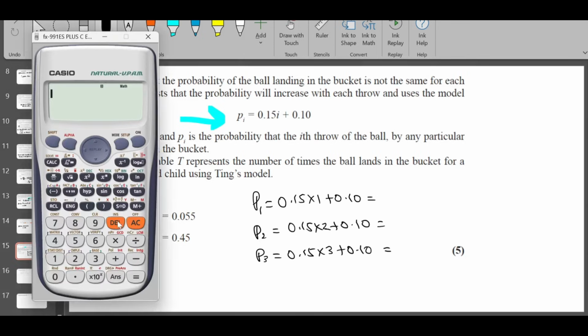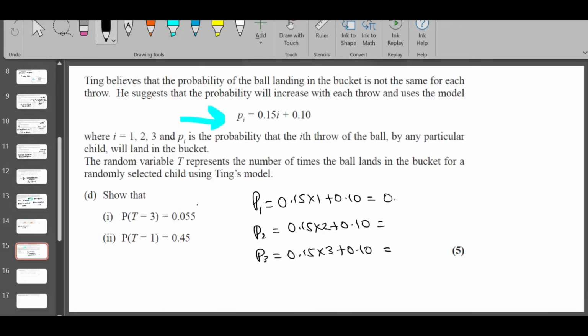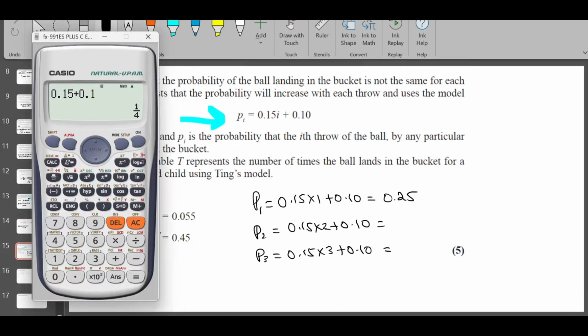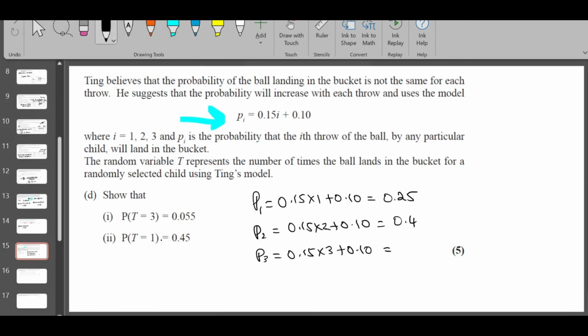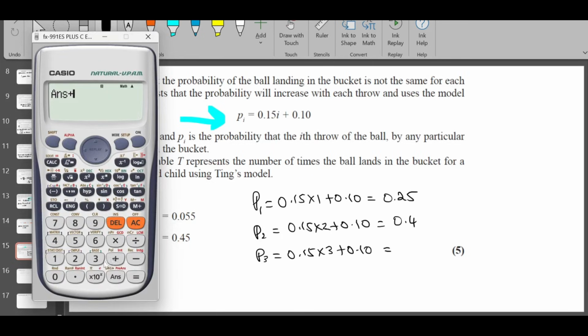Let's calculate these probabilities first. 0.15 times 1 plus 0.10 is 0.25. For 0.25, times 2, I'm going to add one more 0.15, giving 0.4. Times 3, I'm going to add one more 0.15, giving 0.55.